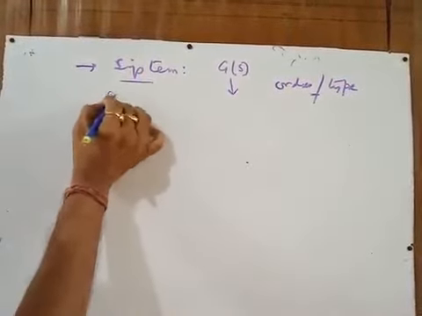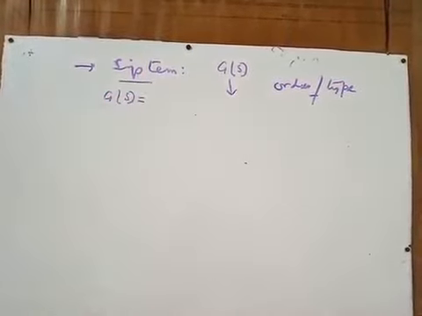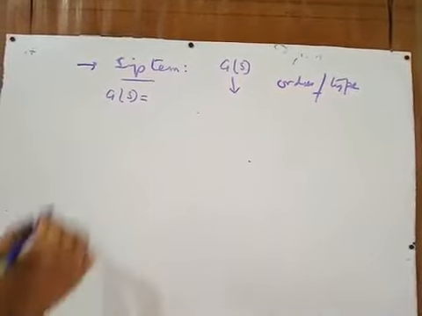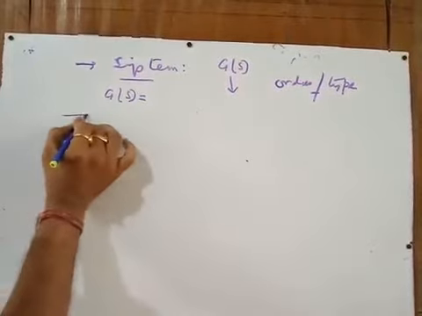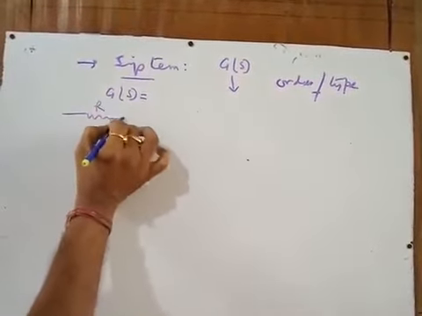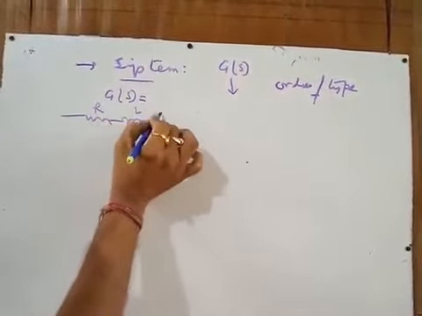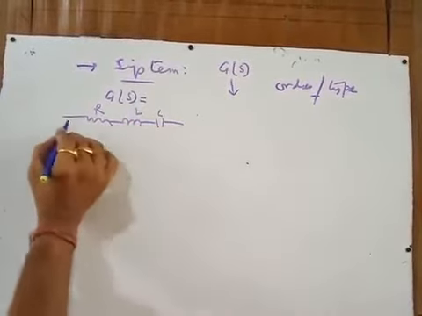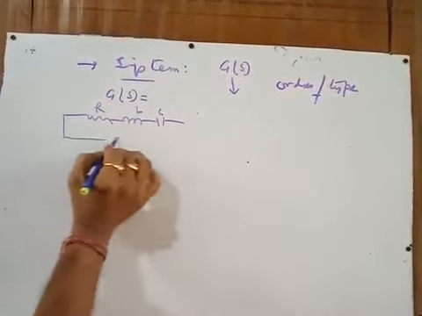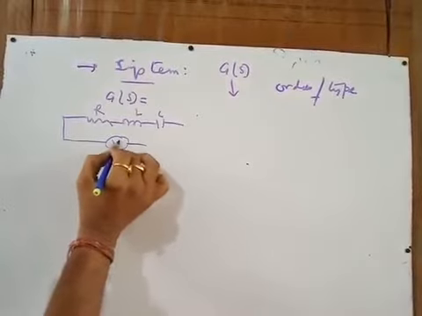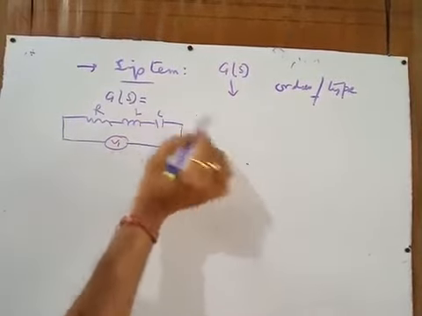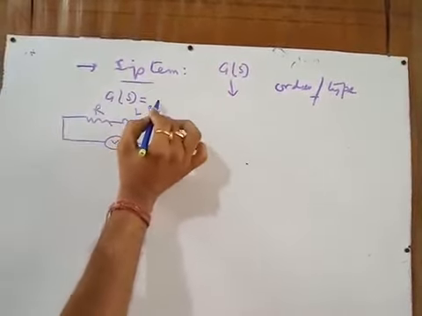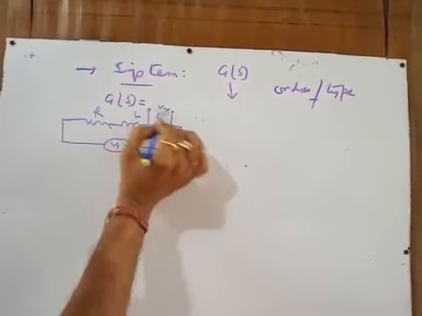For example, we get the transfer function of a series RLC circuit, with R, L and C, applied voltage V1, and V2 across the capacitor.